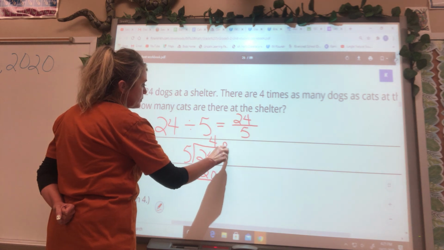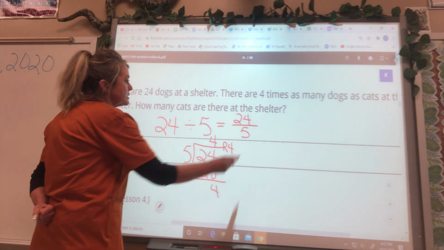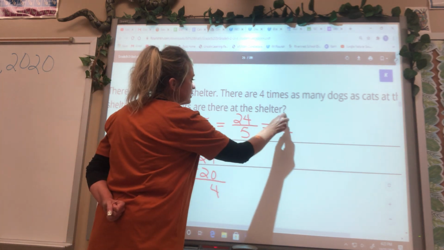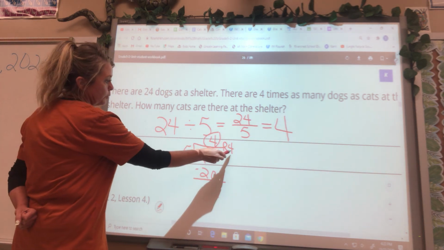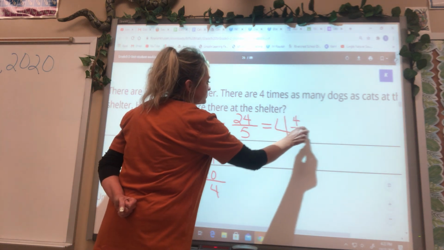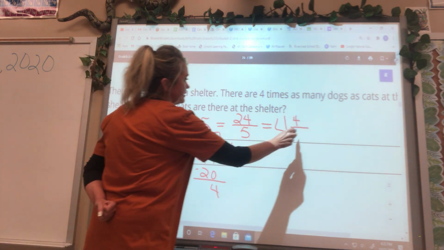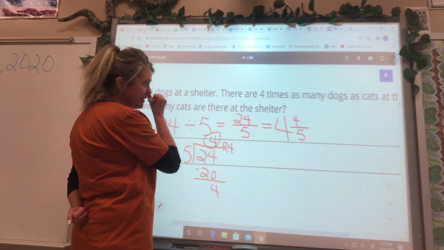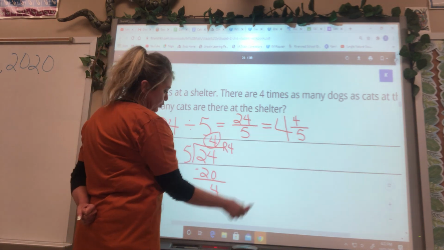So we would have a remainder of 4. So as a mixed number, we would have 4 wholes with 4 remaining, and we were dealing in fifths. So 24 over 5 is the same as 4 4/5.